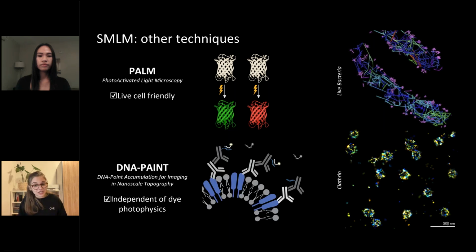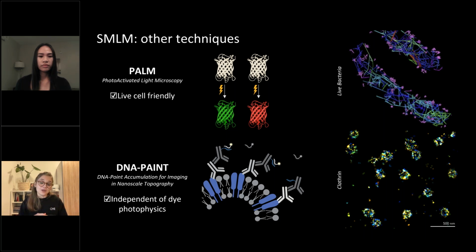The second option in our toolbox is PAINT modalities, the most famous one probably being DNA-PAINT. This is completely independent of the dye photophysics, and the blinking behavior is achieved by reversible interactions. In the case of DNA-PAINT, this blinking behavior is achieved with DNA-DNA interaction.